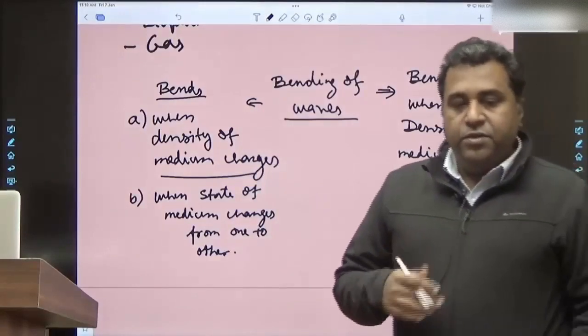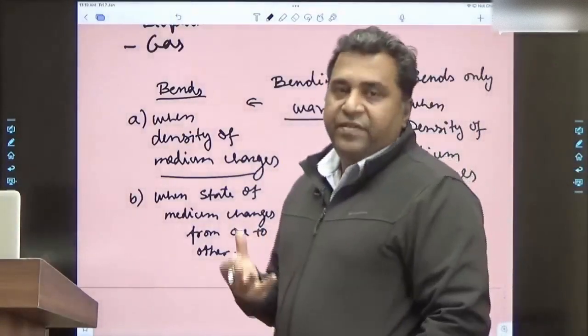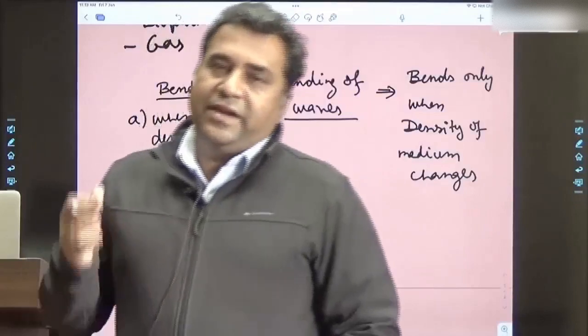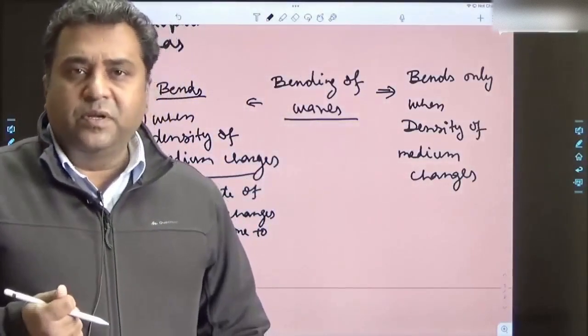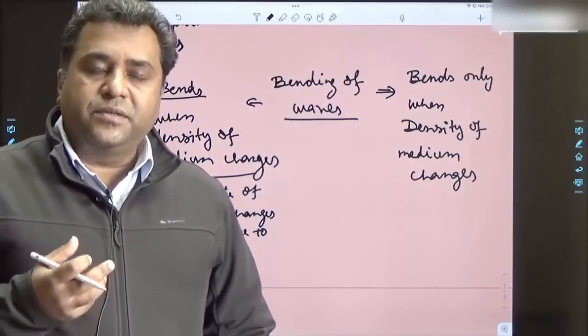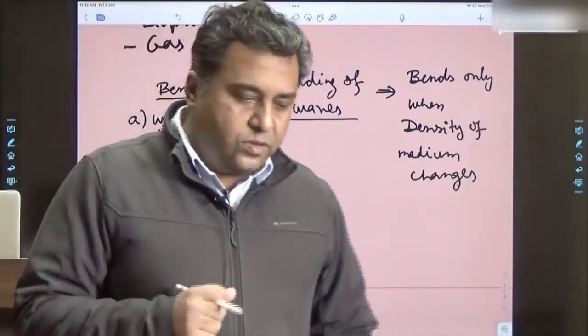So this is how the P wave and S wave characteristics are. They bend, they change, they stop, they become faster or slower, all these characteristics.